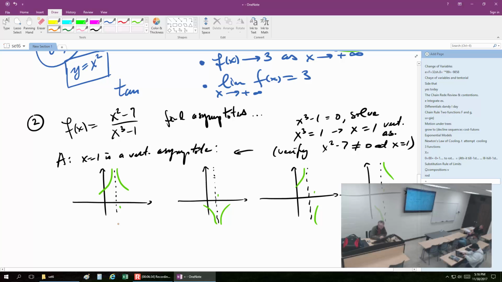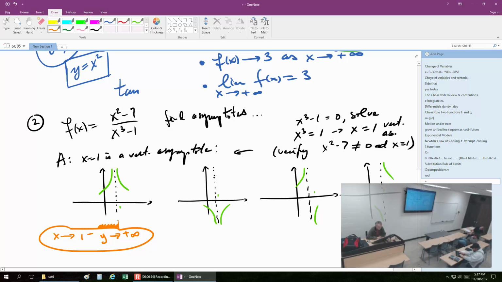So how do I describe this situation? As x goes to 1 minus, y goes to plus infinity. That's how this situation is described to the left, what's happening to the left of 1.